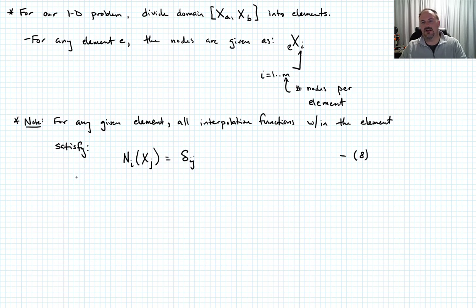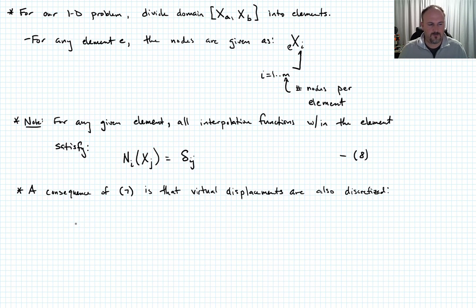So obviously a consequence of equation 7, our approximate function, is that, remember, we had this funky term that we called the virtual displacement. And we're going to use a discretization of that as well. So I'll just say a consequence of 7 is that virtual displacements are also discretized. So what does that mean?